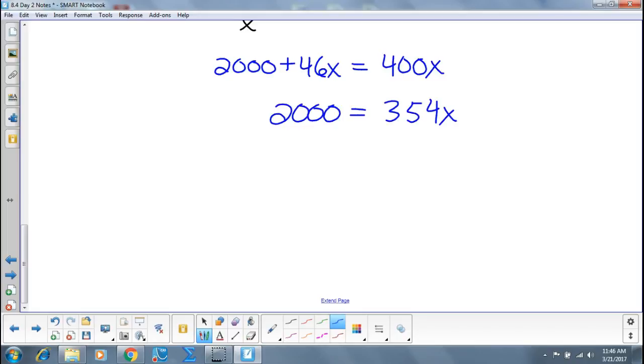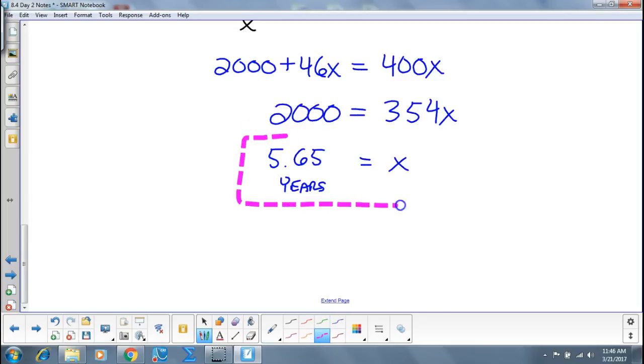And what's x equal to? Let's call it 5.65 years. So in 5.65 years, she can buy her TV.